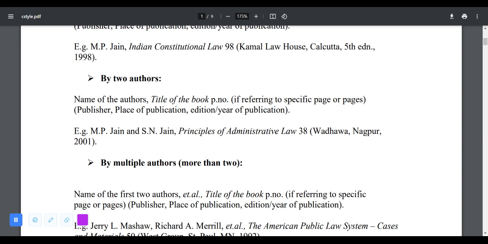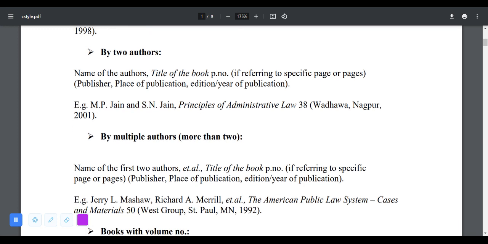If you are quoting any information from a book where there are two authors, you have to follow this format: provide the first author's name, then use "and", then the second author's name, then a comma, then the book title, for example Principles of Administrative Law, then the page number, then the publication name, comma, publication place, comma, year of publication.